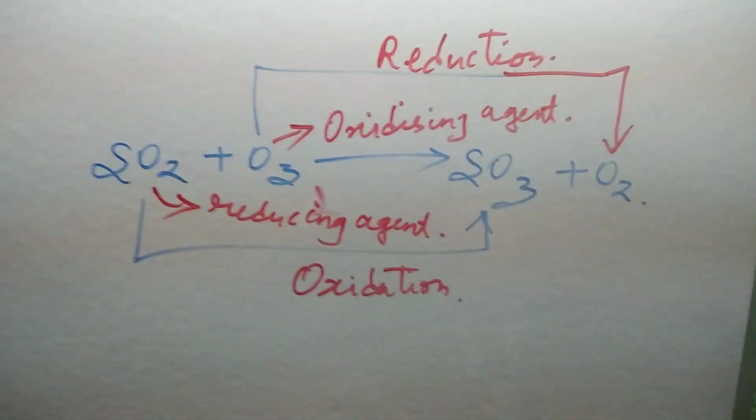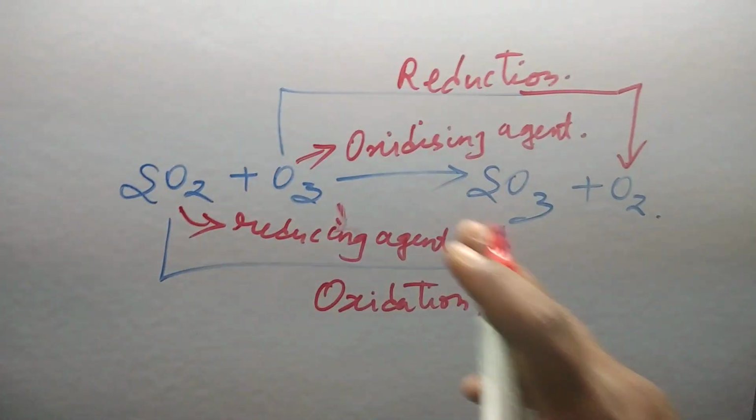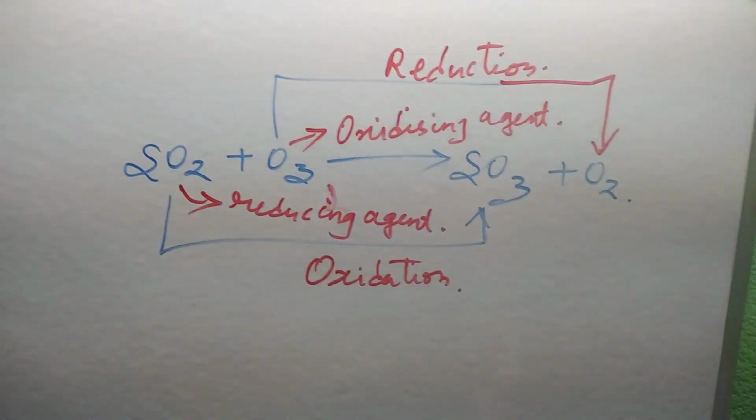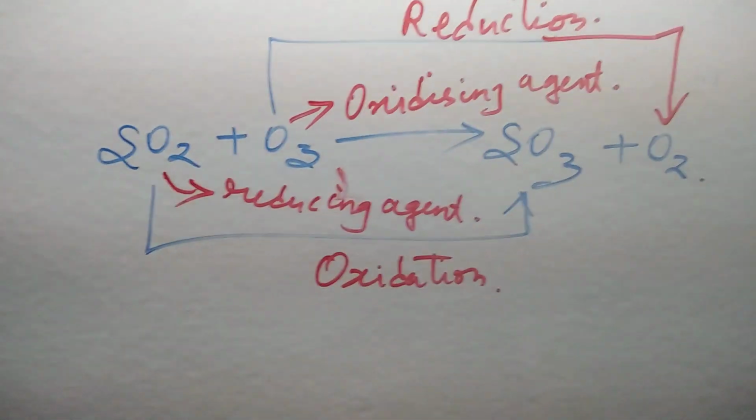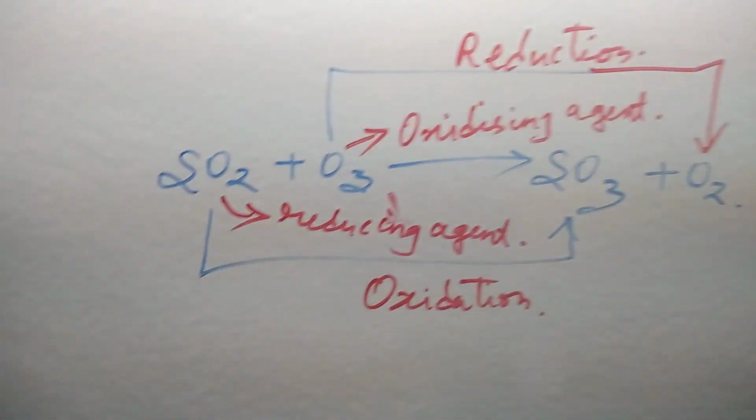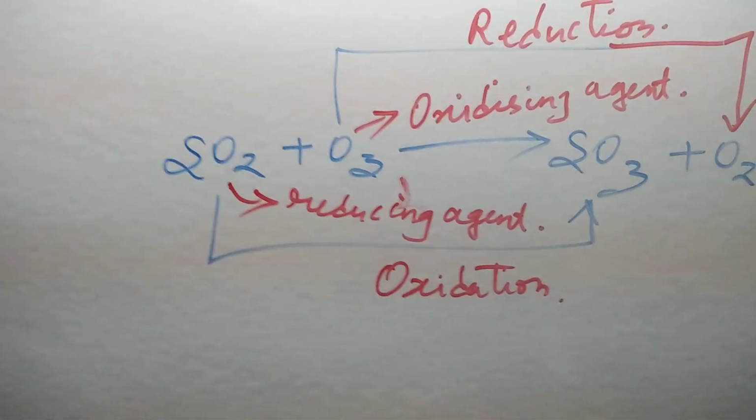Okay students, see, the oxidizing agent is also known as oxidant, and the reducing agent is known as reductant.